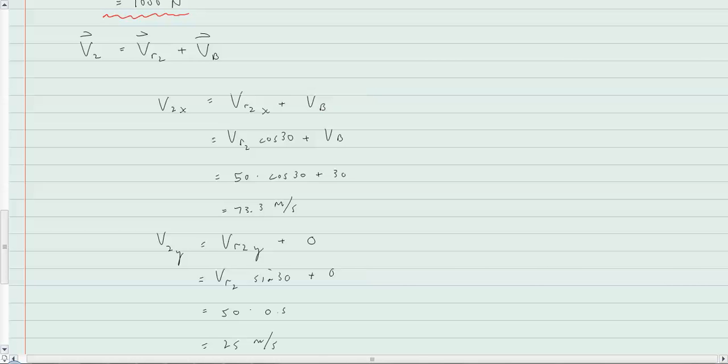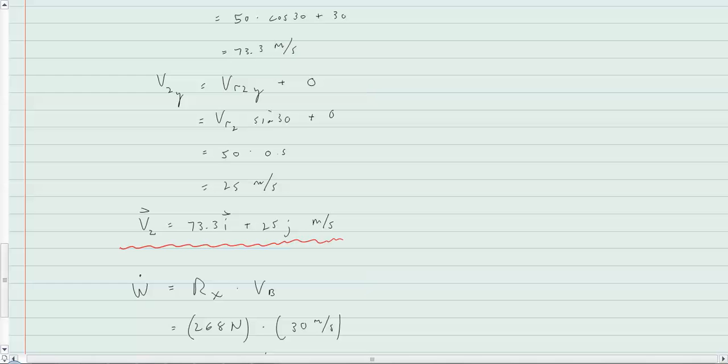So we have VR2x plus VB for the V2x component. We work through this, and the final value for V2x is 73.3. Finally, V2y is following the same procedure, recognizing that there is no y component of blade velocity, and we end up with 25 meters per second.